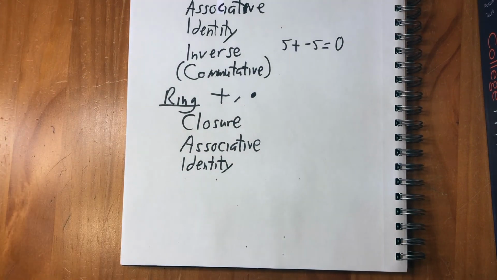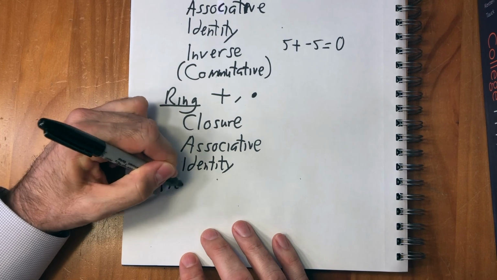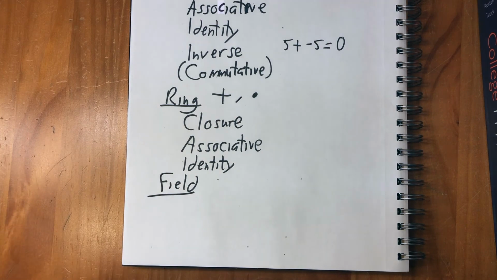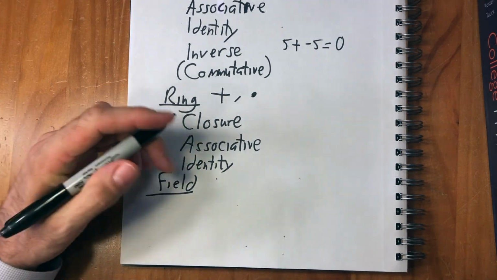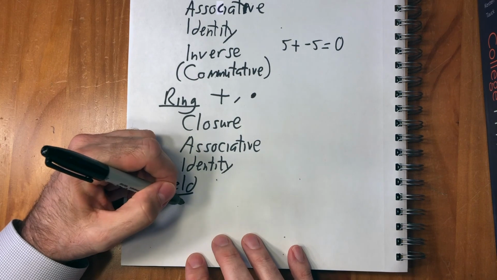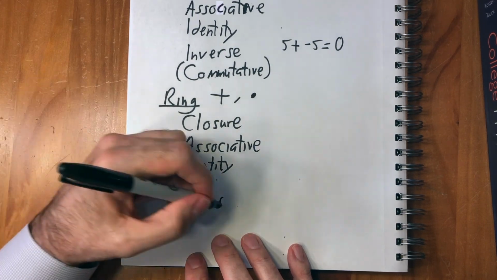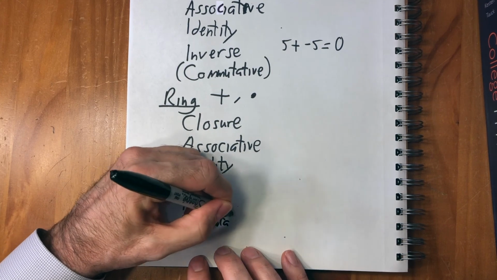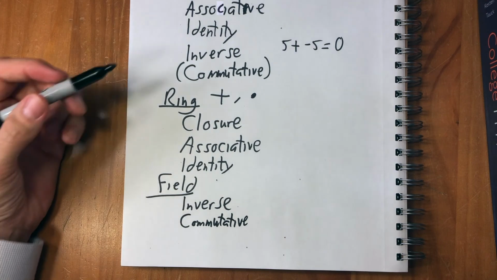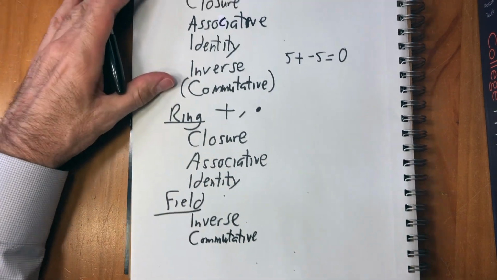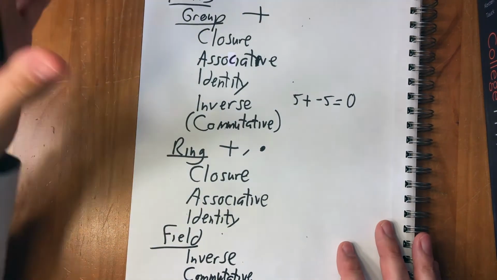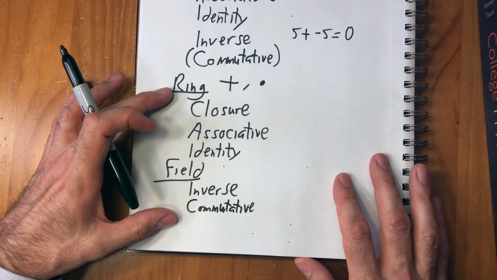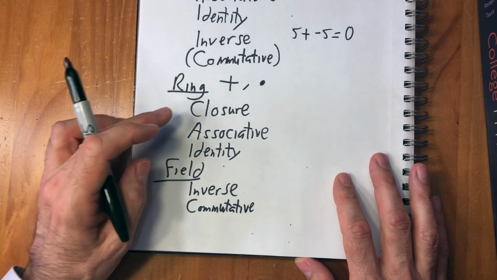Then, for a field, in addition to the ring structure, we complete the structure by saying that every element has an inverse, and also that multiplication is commutative. So it's basically two group structures. It's a commutative group over addition and a commutative group over multiplication.